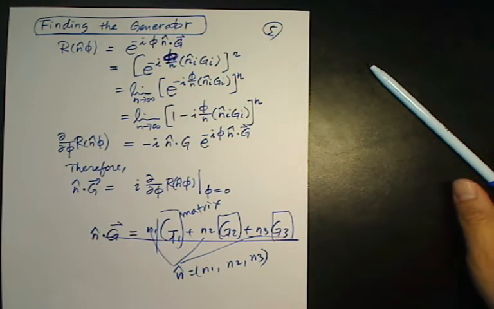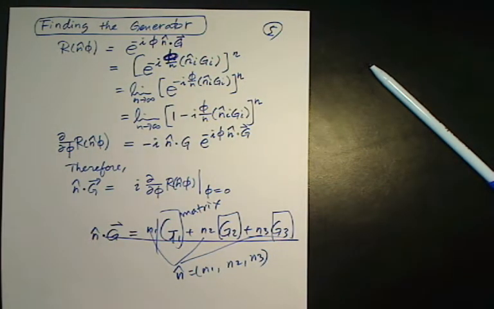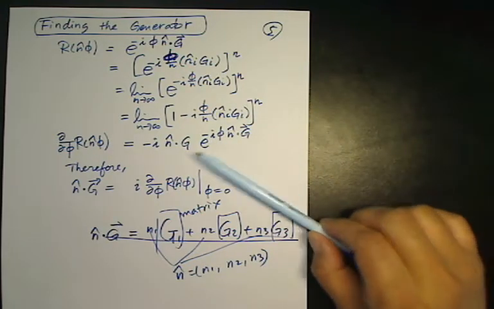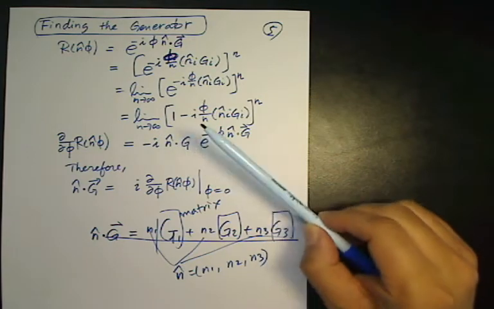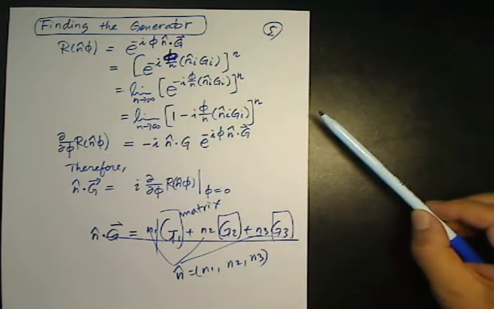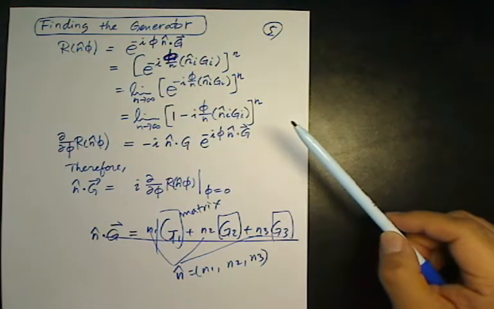All right. So what happens if I rotate about an arbitrary angle, about an arbitrary axis? Here, the generator can be pulled out by taking the partial derivative with respect to phi.